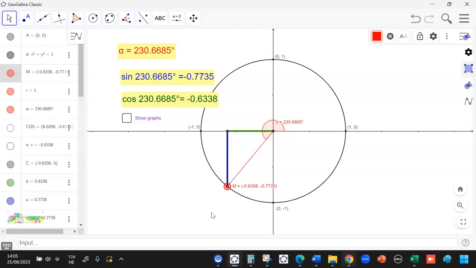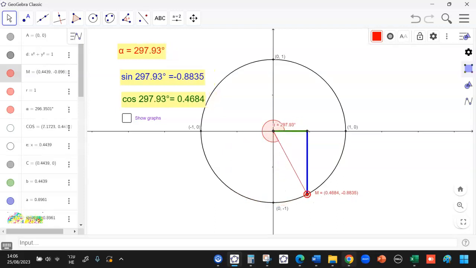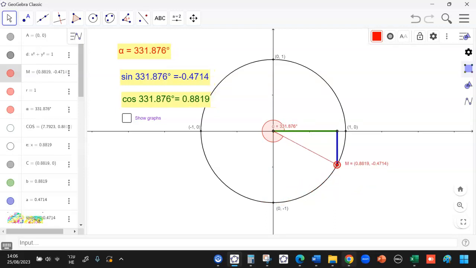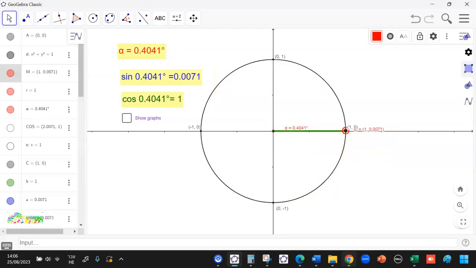At any point, look at this one for example, the matching point is here with its coordinates. Sine is the y coordinate and cosine is the x coordinate. Continue to 270 and back to the starting point where cosine goes back to 1 and sine goes back to 0. And then we can continue for another circle and another circle to get sine and cosine for every value.